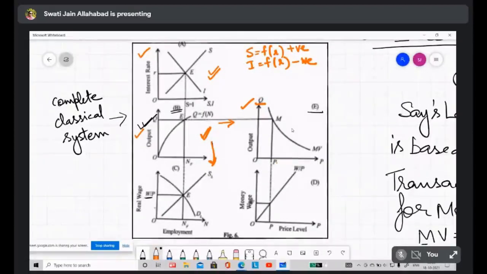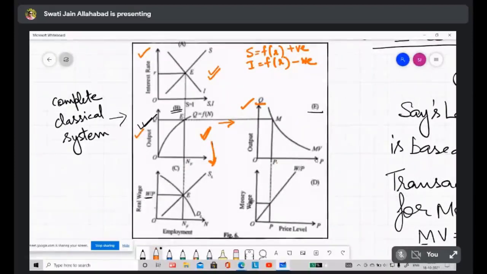Now let me make one thing clear for you, that in the long run, we are assuming that some variables will be given. Now, when you say some variables are given, actually what does it mean? It means that within the time or within the system, you are not changing this variable. Whatever level is achieved, that remains fixed for the time.